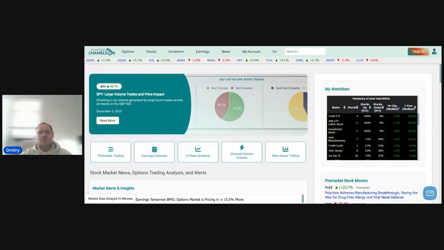To do that, we need a tool to help us parse the option trades, take those trades that are designated as multi-leg trades, piece them together and figure out what's the most likely spread.